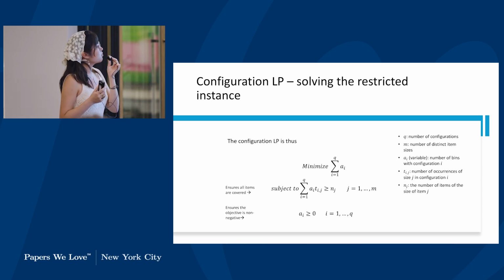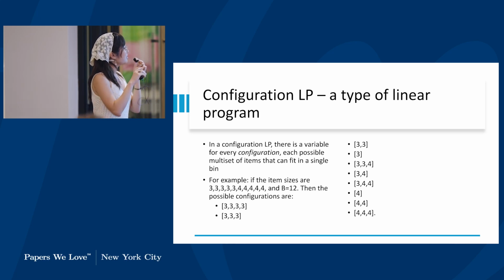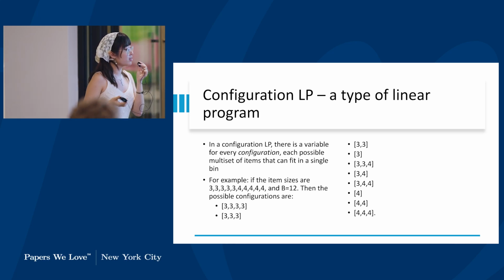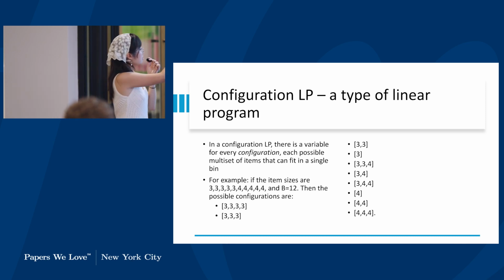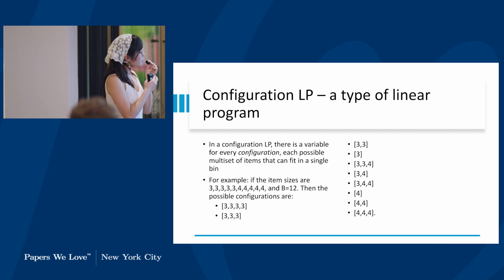So for example, if we go back, thank you, let's look at the first list here, 3333. The number of occurrences of 3 in the first list equals 4. So 3 occurs 4 times and 4 occurs 0 times in the first list, whereas for the last list, 4 occurs 3 times and 3 occurs 0 times.